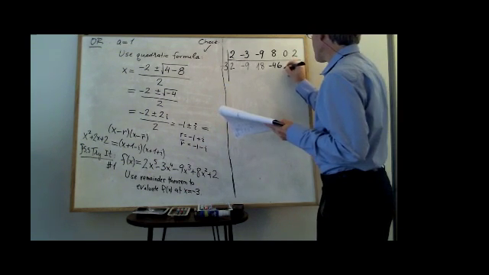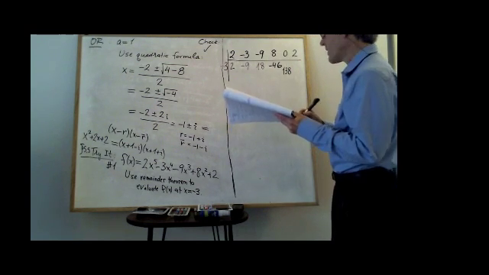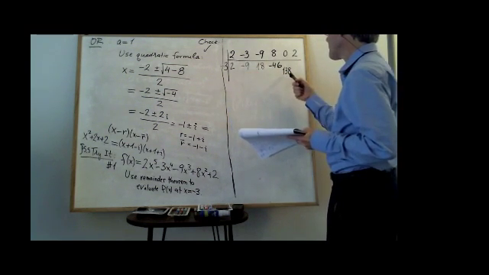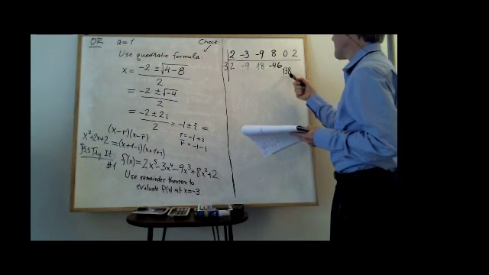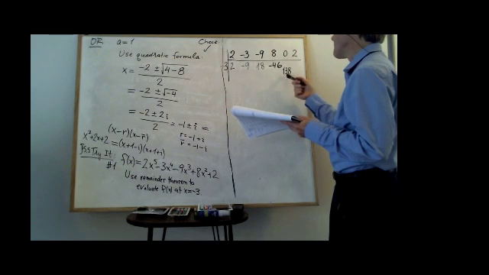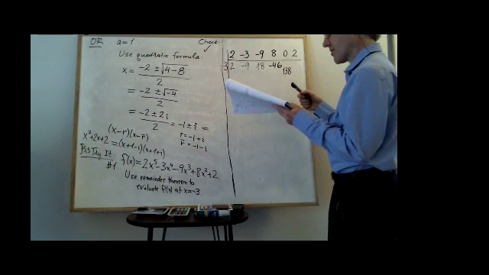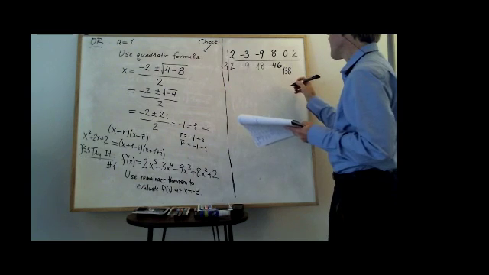Plus 0 is 138. And finally, minus 3 times 138 is minus 404. No, sorry, 3 times 8, 24. Minus 412. Sorry, minus 414.